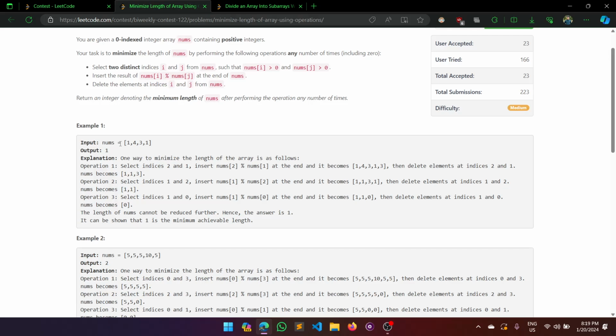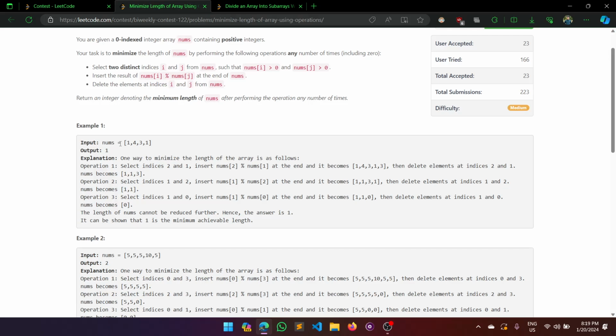what if I have like 3 of them compared to 4 of them? If I have like 3 of them, then I can definitely reduce it to 1.